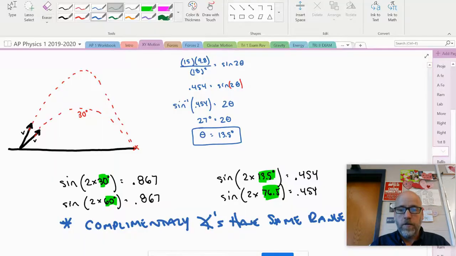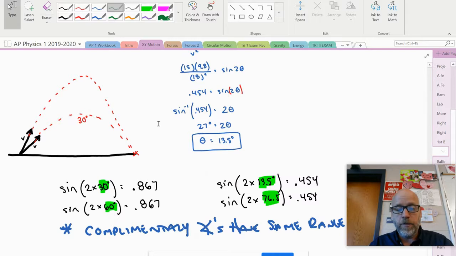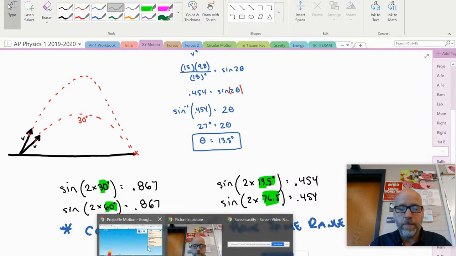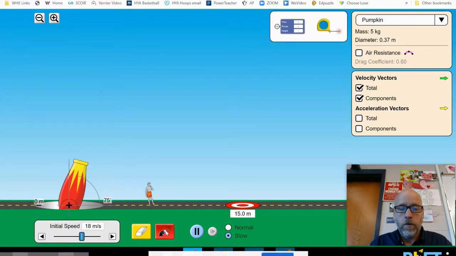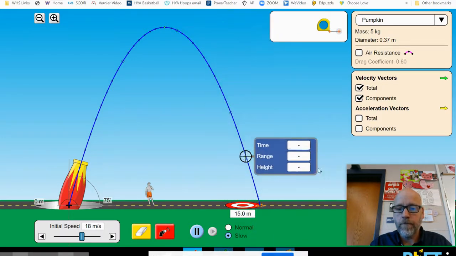My velocity in this case was 18 meters per second. Let's fire that baby off. This is in slow motion, by the way. And the range that we were shooting for.